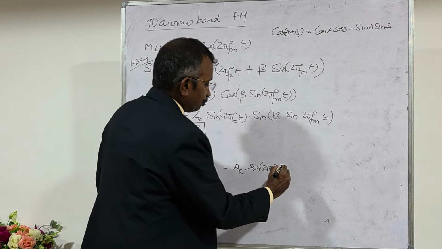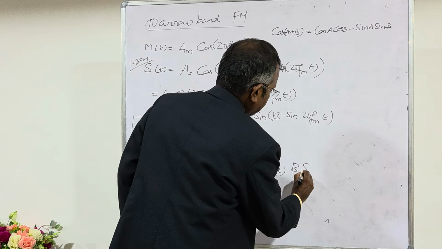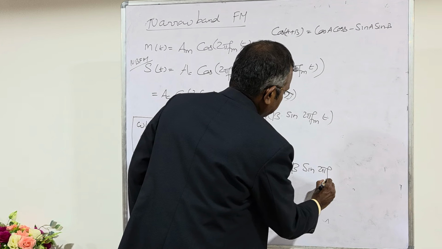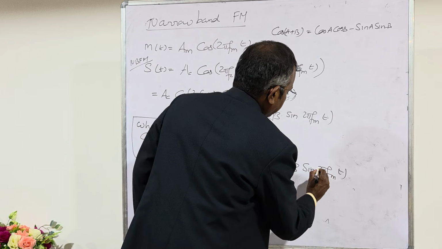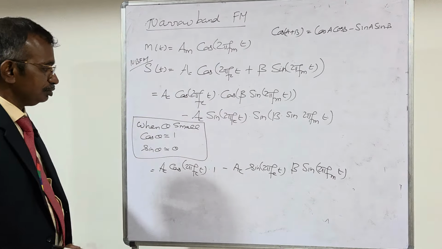Therefore, I can write this as beta sin 2 pi fm t. Right?